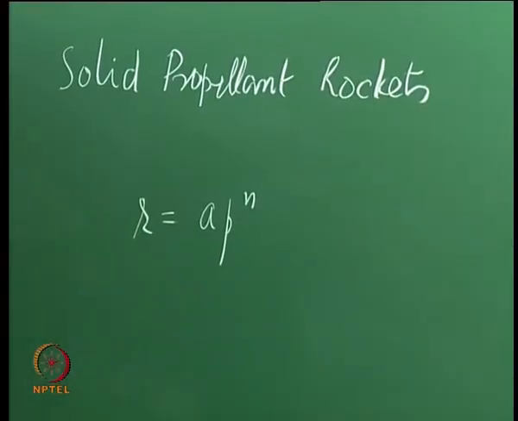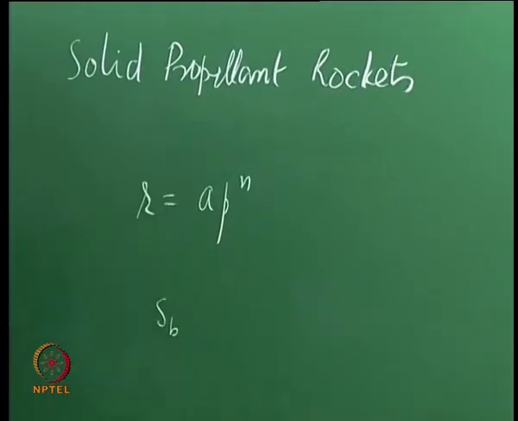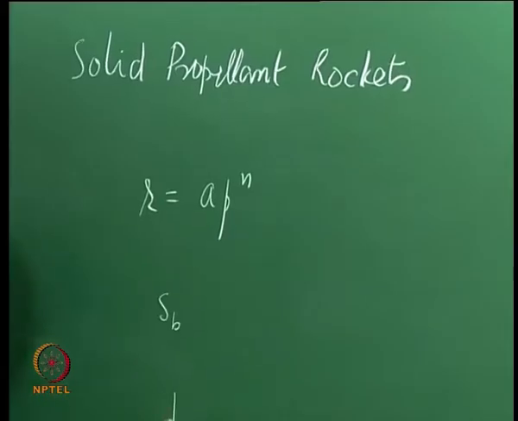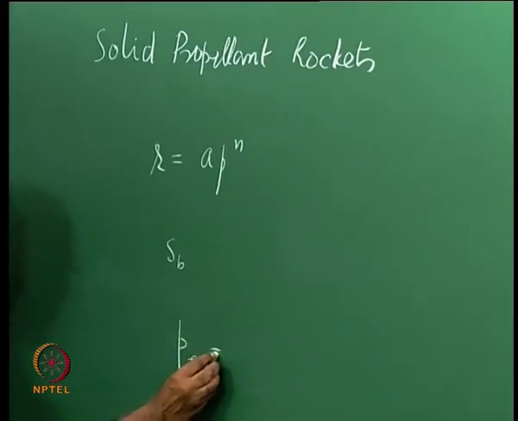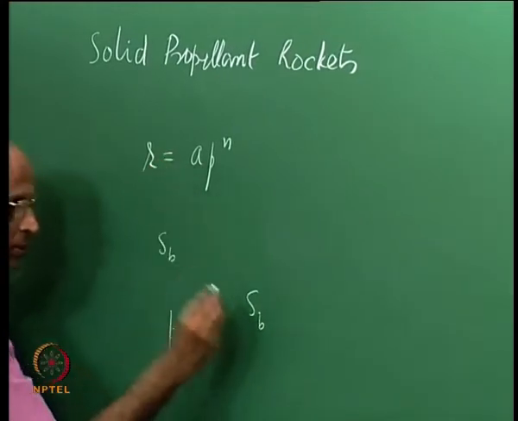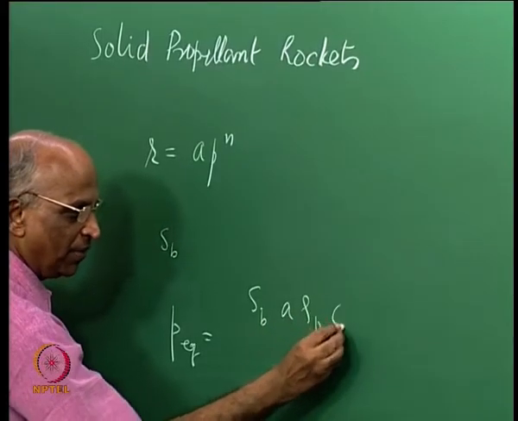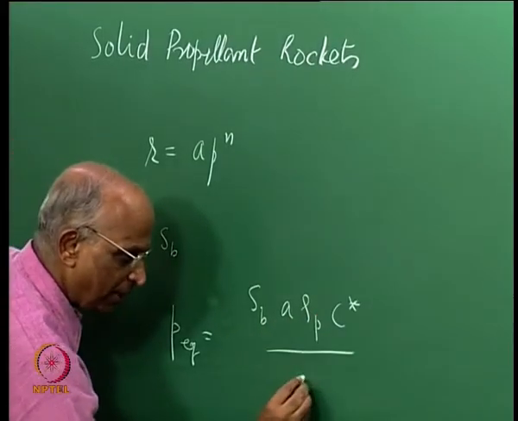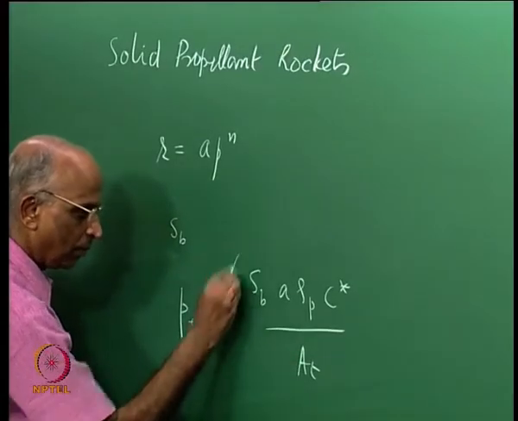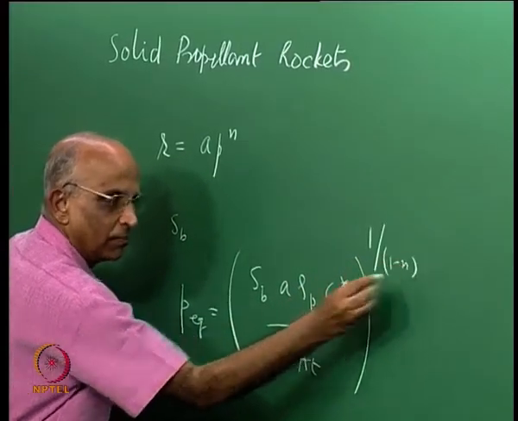We also told ourselves that if I have a rocket in which the burn surface area is Sb, the equilibrium value of pressure I can derive as the burning surface area into this particular exponent a, we had rho p here, we had C star here, divided by At over here, to the power 1 divided by 1 minus n.